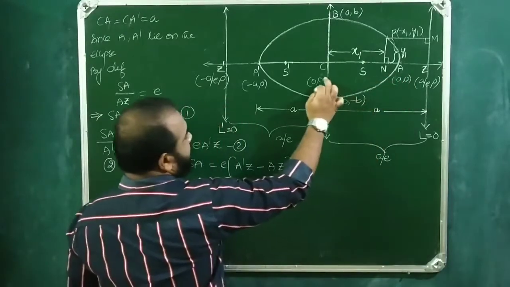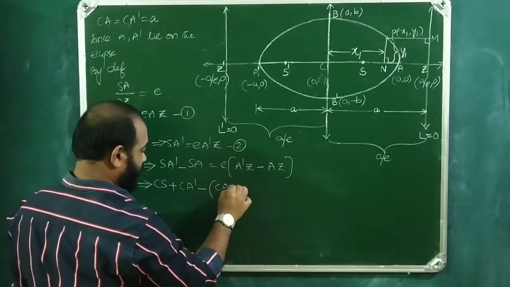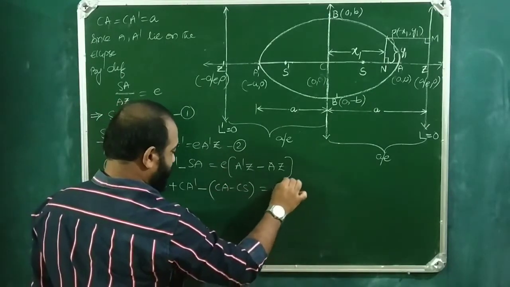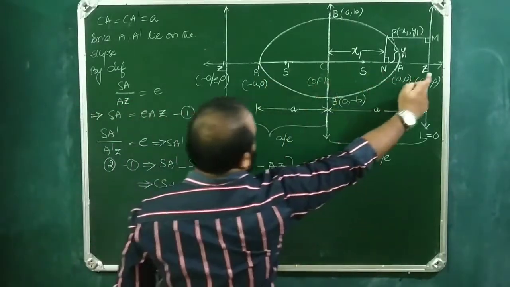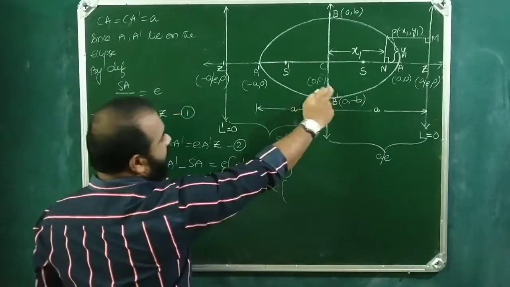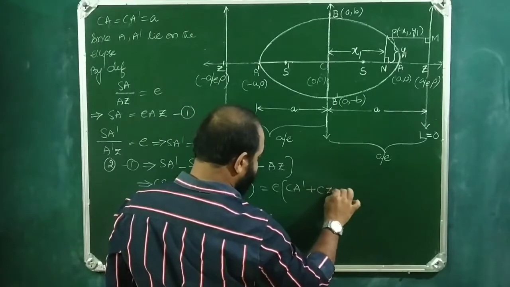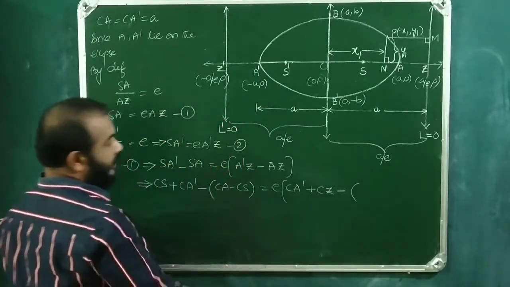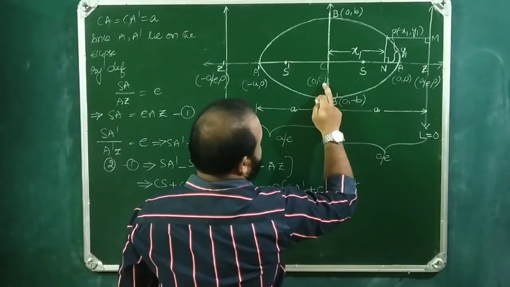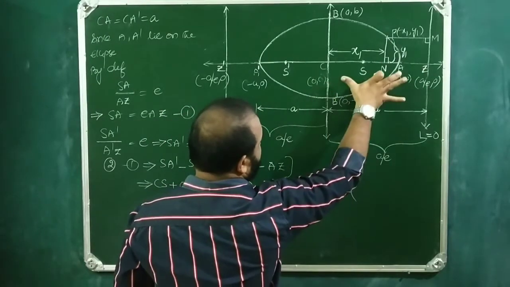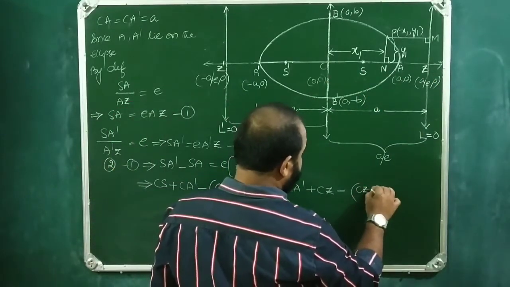This SA can be written as total CA minus CS, is equal to e into A dash Z, this large segment. This can be written as CA dash plus CZ, minus AZ. So subtracting CA from the total CZ, we get CZ minus CA.